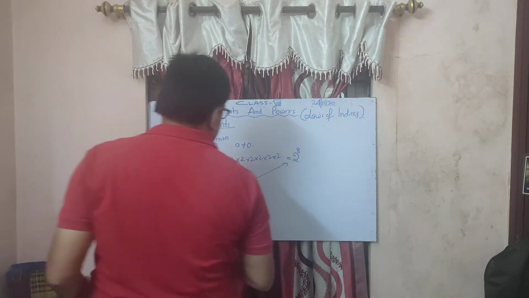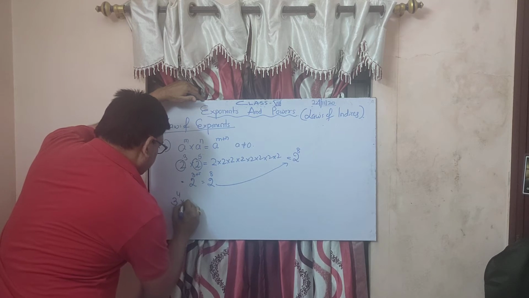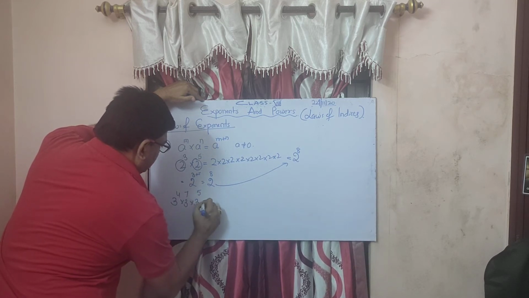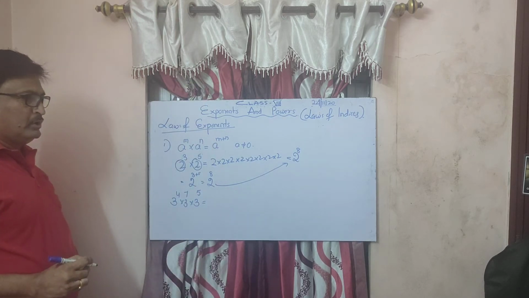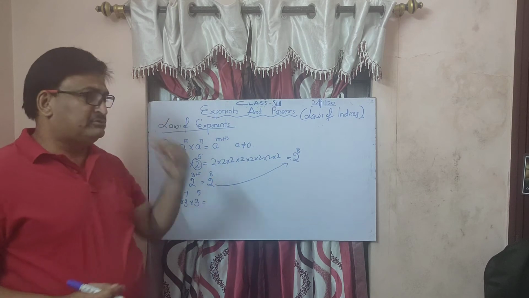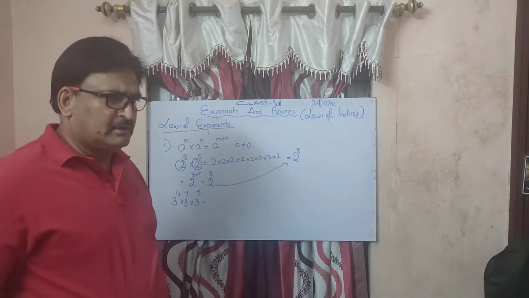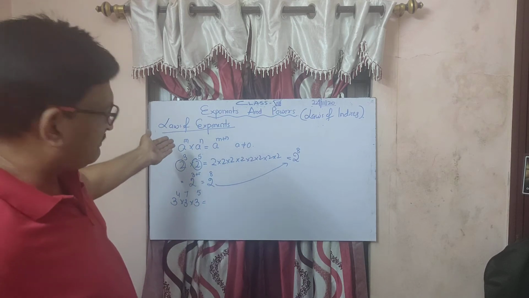Another example. 3 to the power 4, 3 to the power 7, 3 to the power 5. Now look here. If you go on writing 3 four times, 3 seven times, 3 five times, it is going to be so big. Now you know the formula.